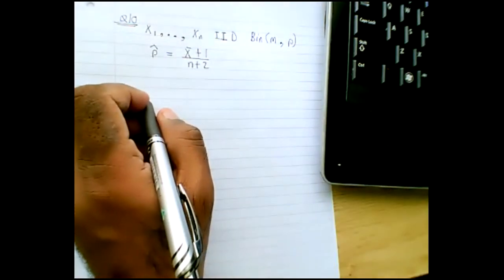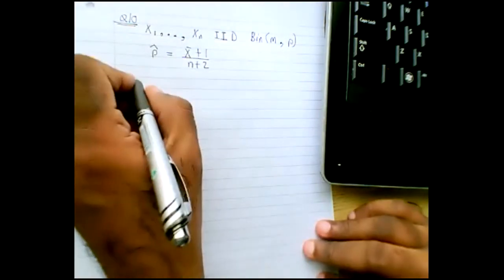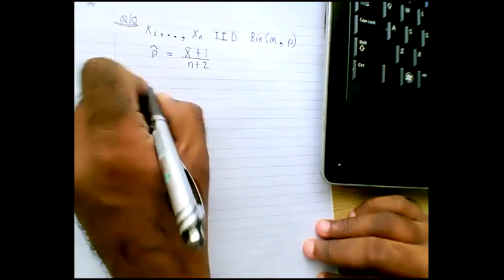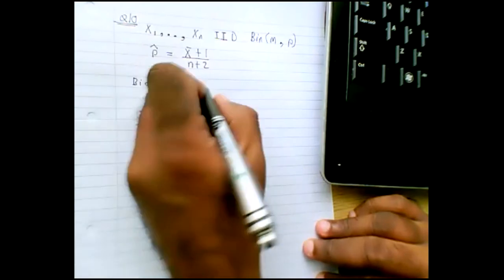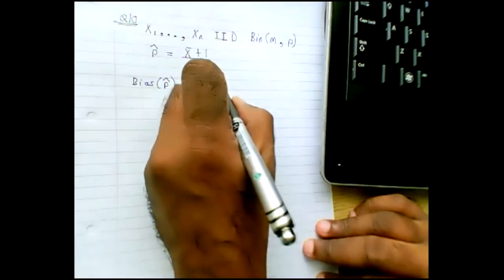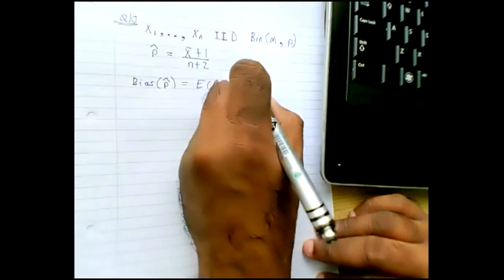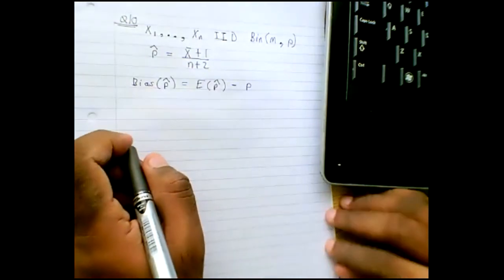The first part is to find the bias of p hat. You may recall that the bias is defined as the expectation minus the parameter that you're trying to estimate. That's the definition of bias.